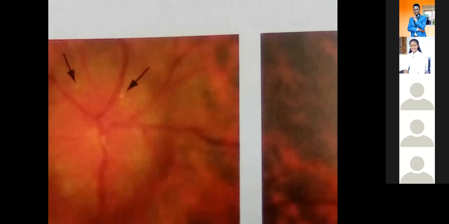Before I go on, there is a way you can differentiate between papilloedema and neuritis, because I said sometimes optic neuritis in children is bilateral. So how do you differentiate between bilateral optic neuritis and papilloedema? Papilloedema will not always have a relative afferent pupillary defect, because there's not much damage to the optic nerve fibers.